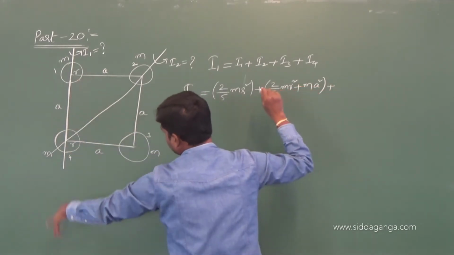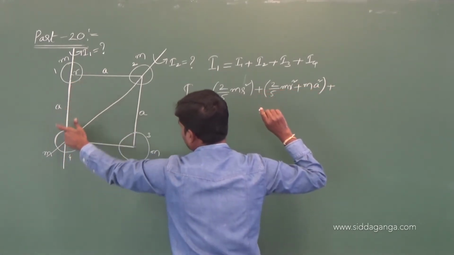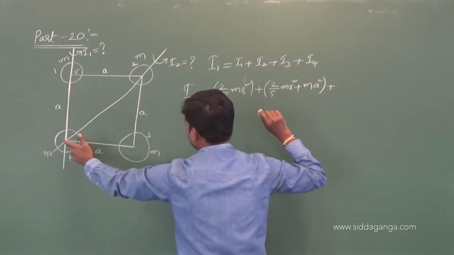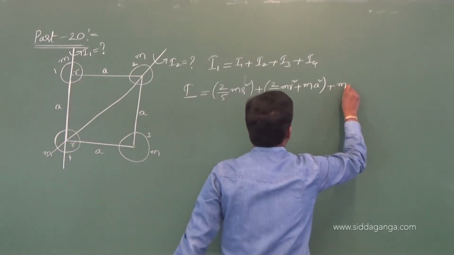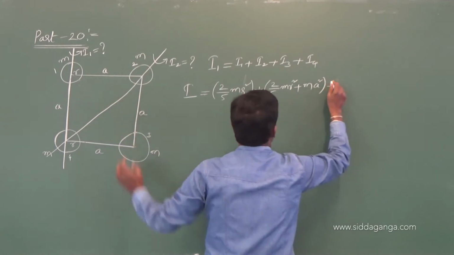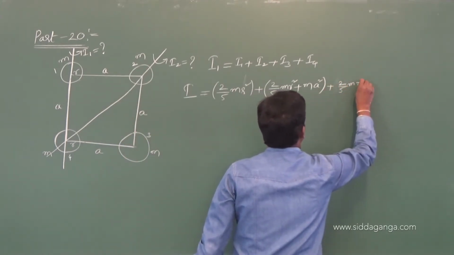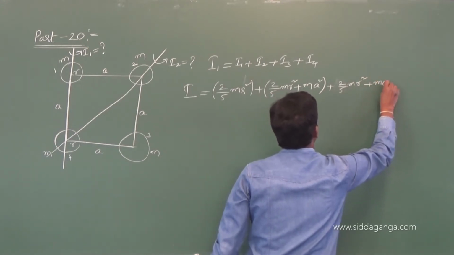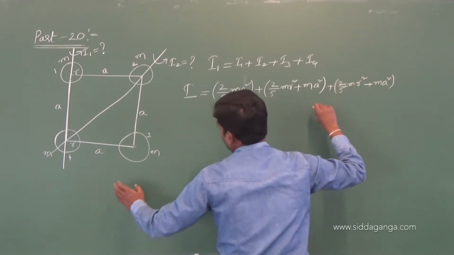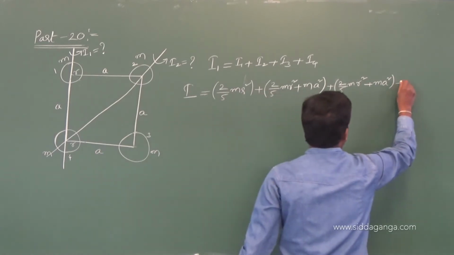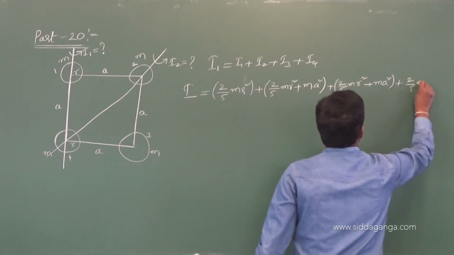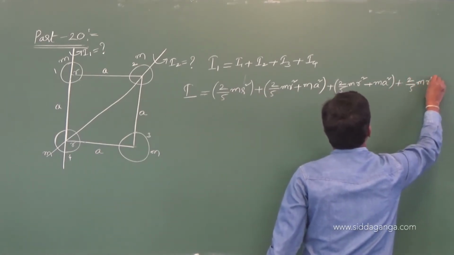I3 about this axis, same. So about the solid sphere, 2 by 5 mr square plus ma square, and about this 4, 2 by 5 m r square.